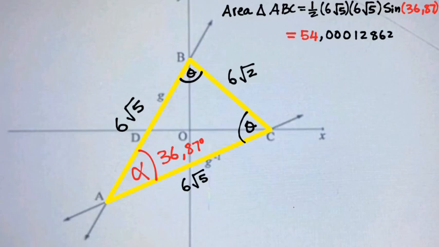If we round off to 2 decimal places it will be this. So really your answer is just 54 units square, or square units. Alright, yes.